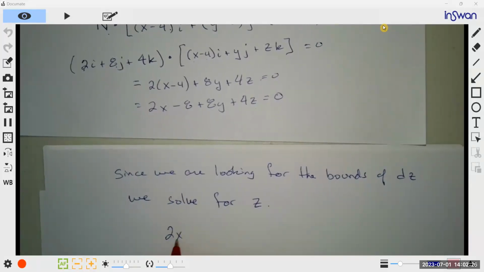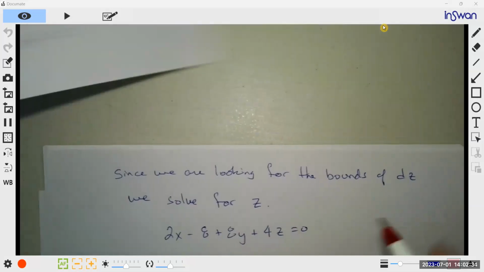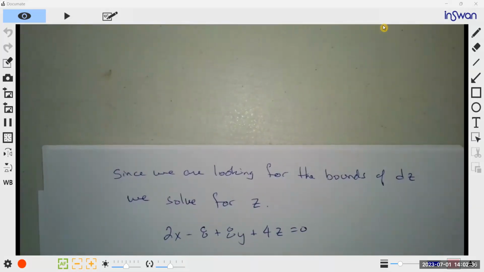So we have 2x minus 8 plus 8y plus 4z equals 0. Solve for z, move everything else over.